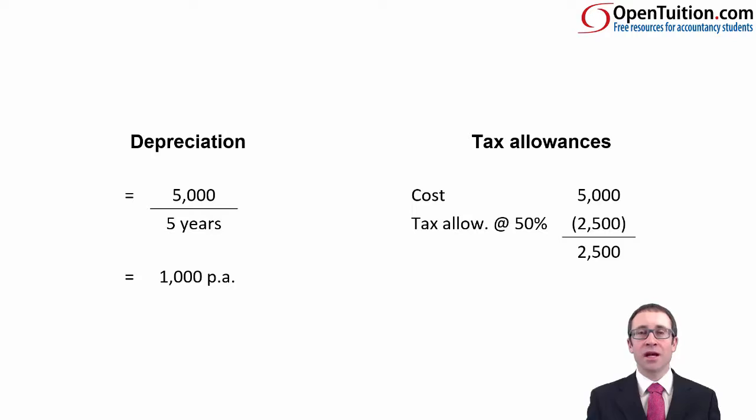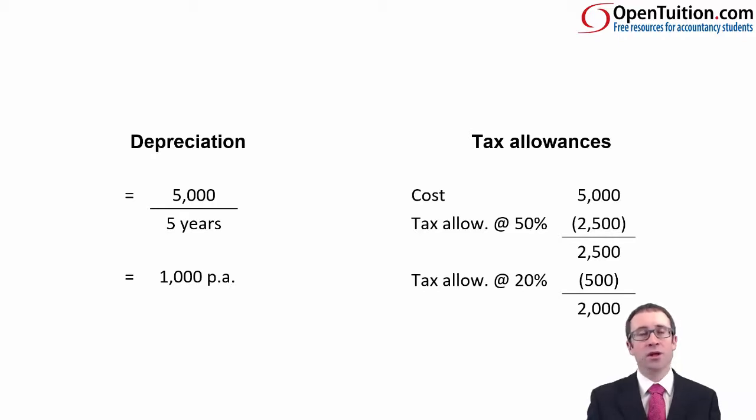We've claimed our 50% tax allowance in the first year, but we then need to look at what happens in the second year. In the second year, we get a 20% allowance on that 2,500. 20% of 2,500 is 500, which gives me a carrying value for tax purposes of 2,000.